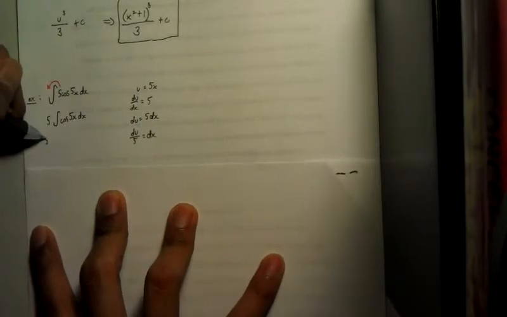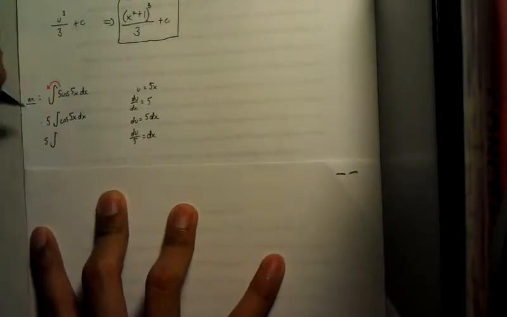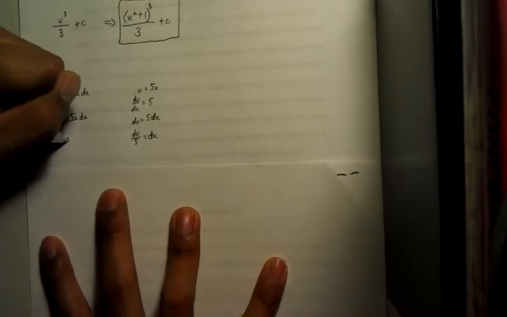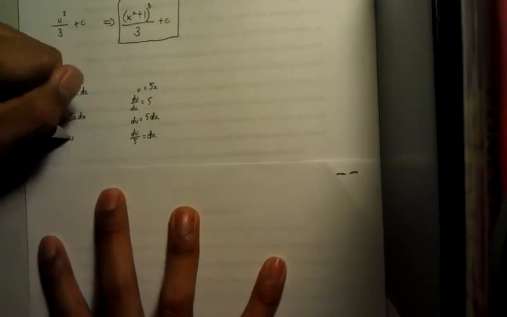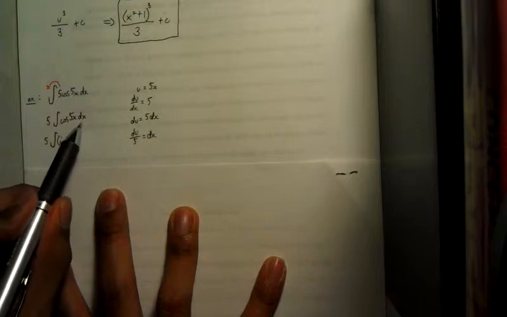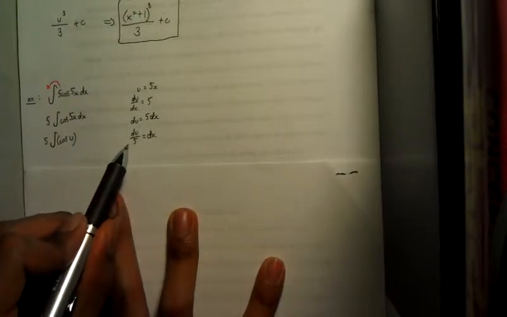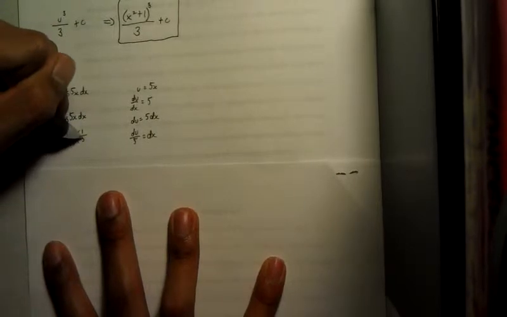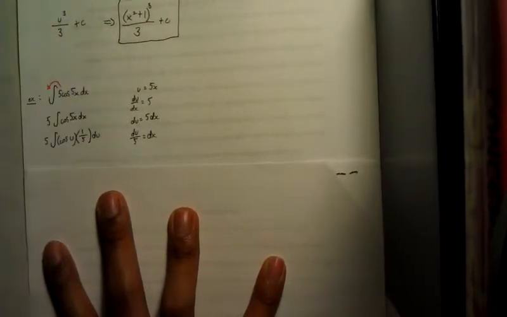Now we have cosine of u, and now we made dx equal to du over 5, which is essentially 1/5 du.